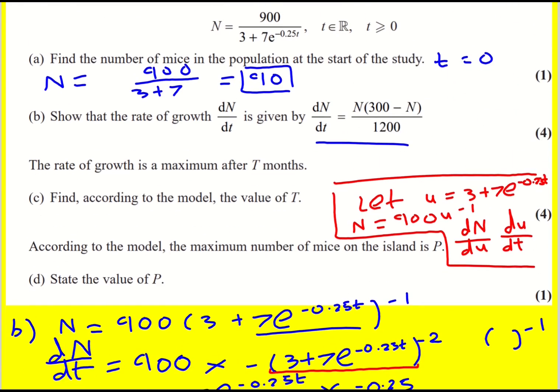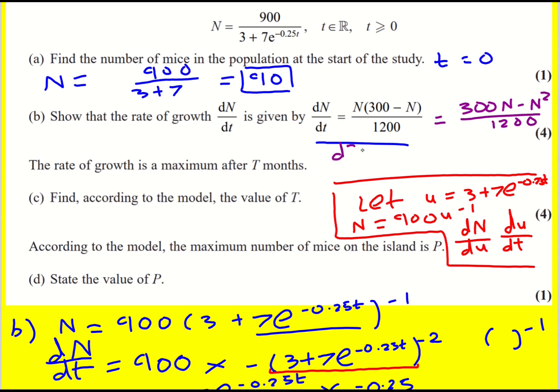Now, some final parts. The rate of growth is a maximum after t months. So that is actually the rate of the rate. We've got two ways we could do this. We could either differentiate again and set it equal to 0, and I'm definitely going to do it that way to show you.